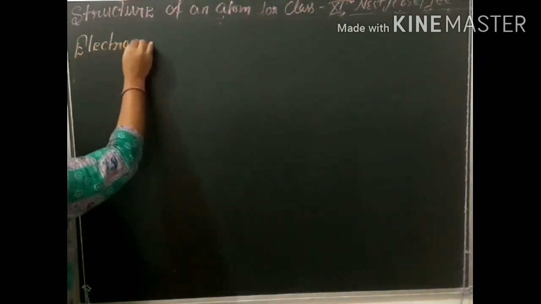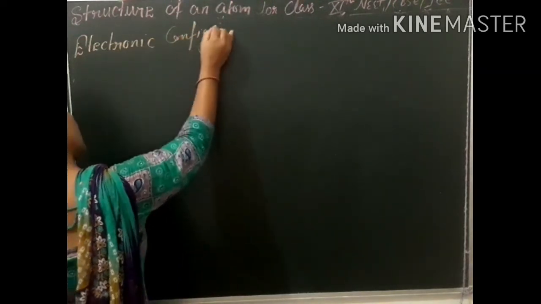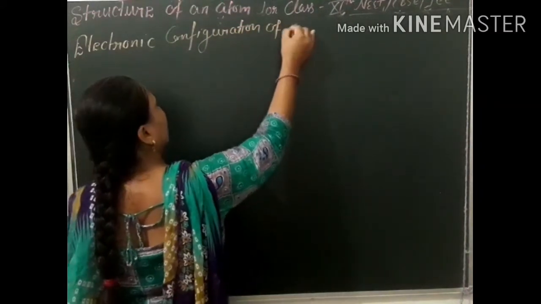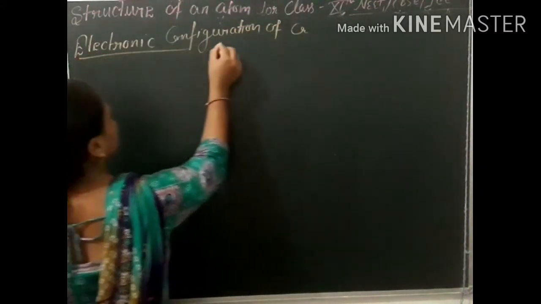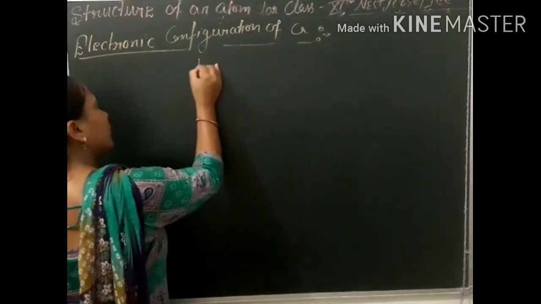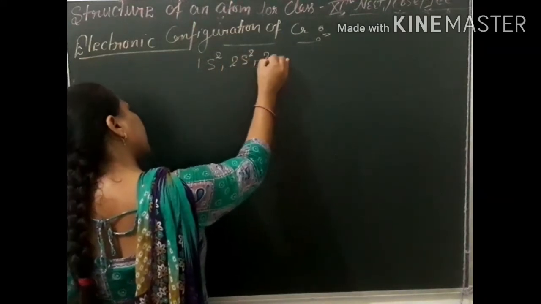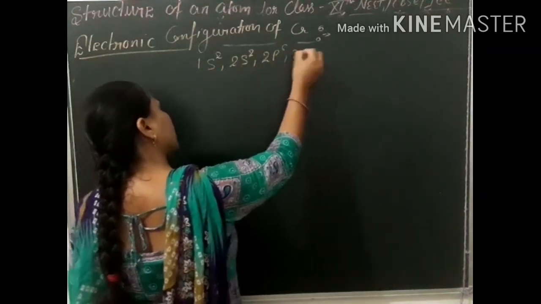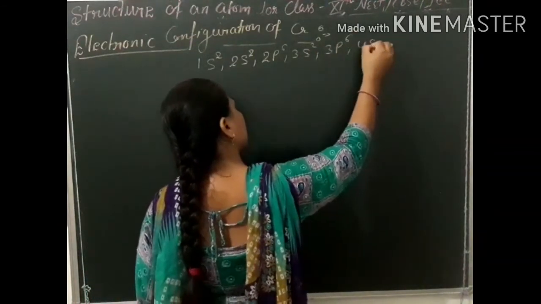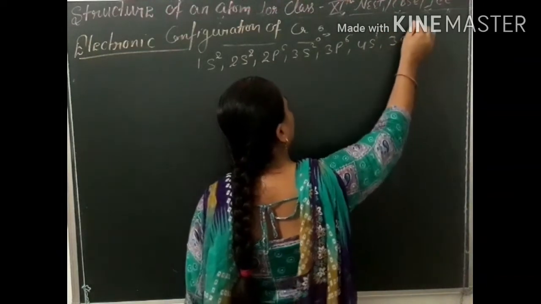Electronic configuration of chromium is 1s2, 2s2, 2p6, 3s2, 3p6, 4s1 and 3d5.